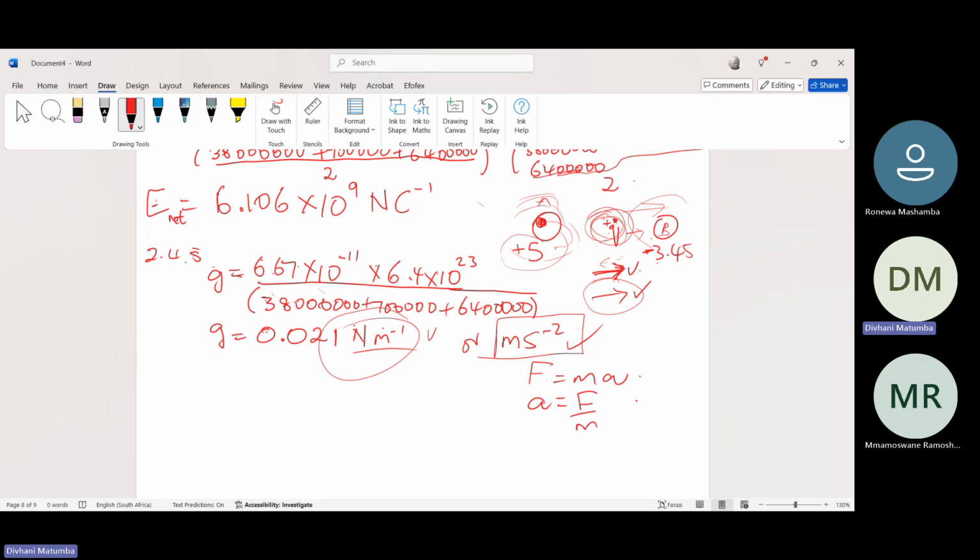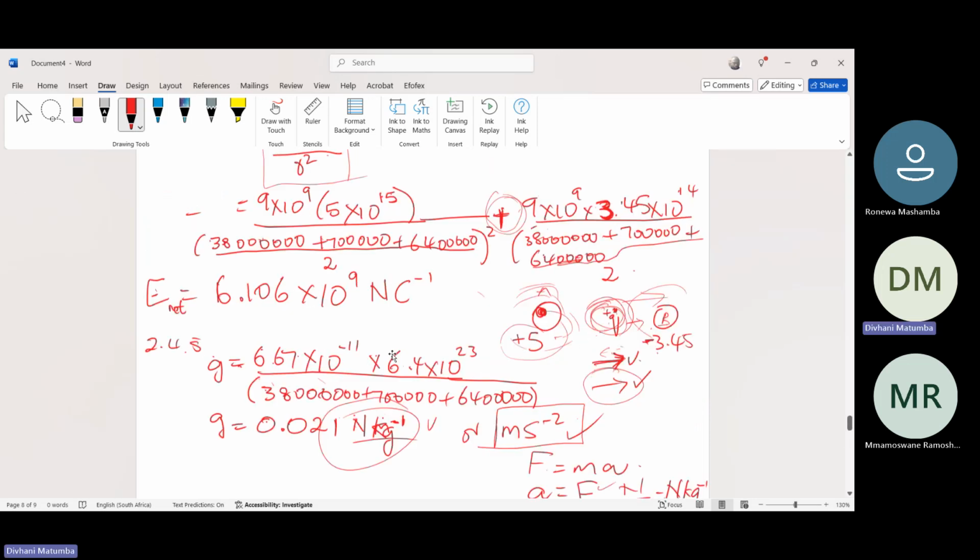Do you agree? Yes. What is the unit of F? N. Actually, you're right. That makes more sense. So this will be Newton per kg. Yes. Okay.